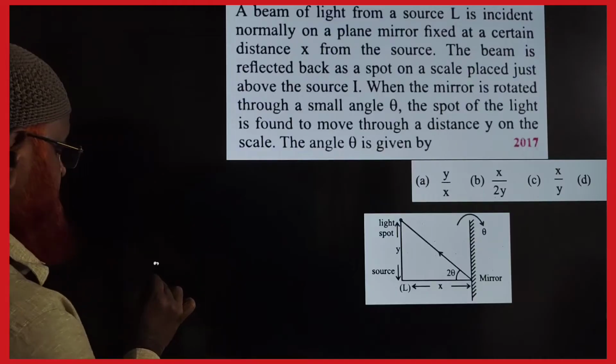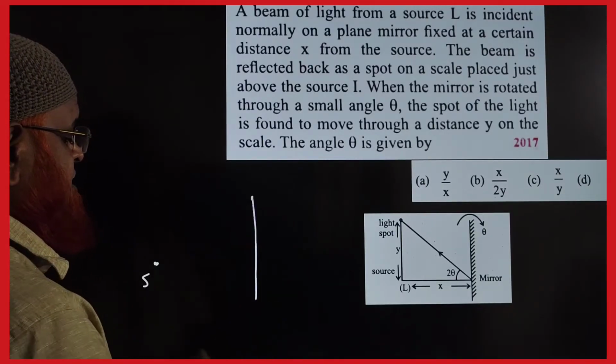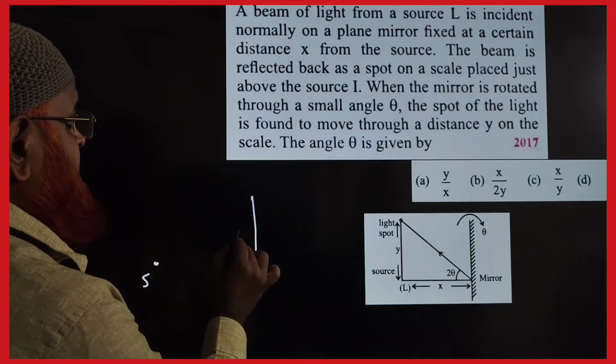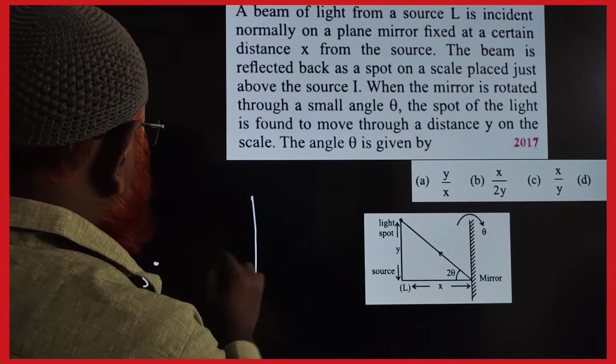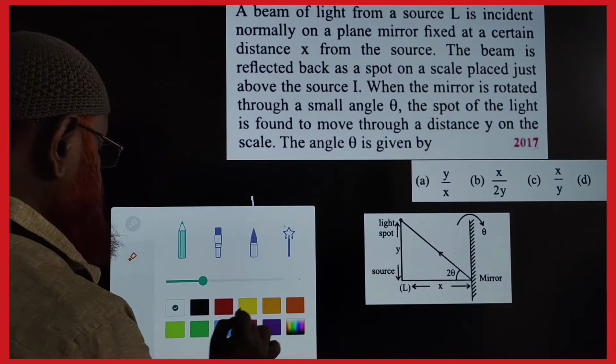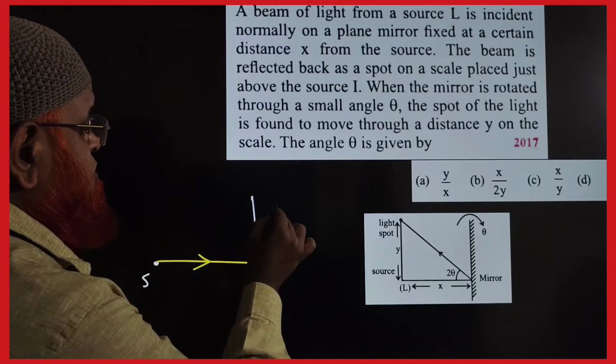Okay, you have taken one source. This is a mirror actually, isn't it? This is a mirror. Okay, and what is going to happen? Mirror normally, and light ray falls like this actually, isn't it? And what you have done?